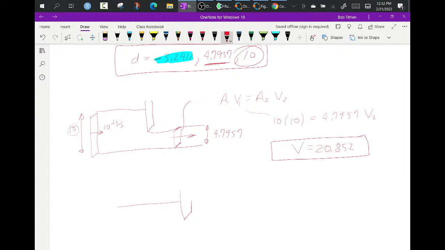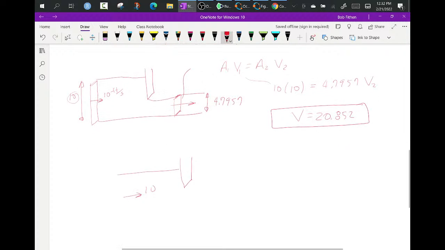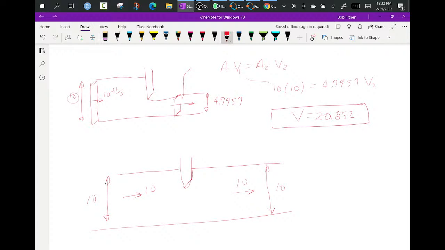Water would come up, go in at 10, it would be a height of 10, and the water would just basically go up and come out. This would be 10, this would be 10. Now, which one is it? I don't know.